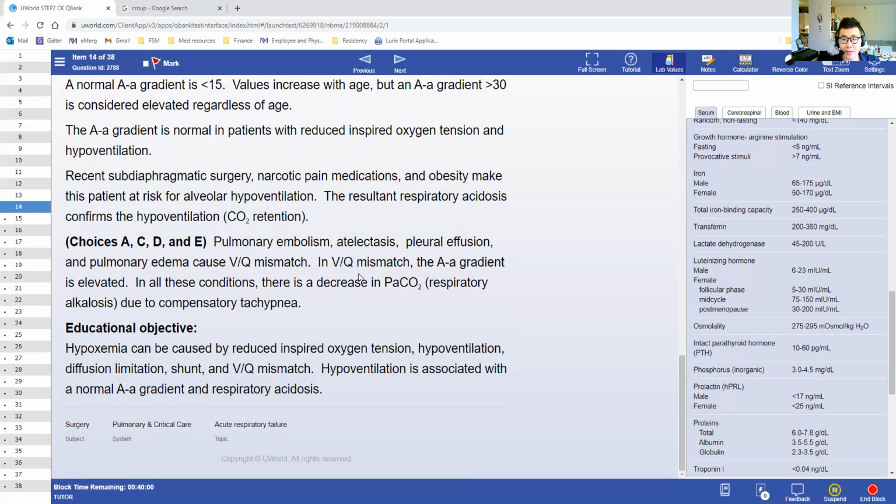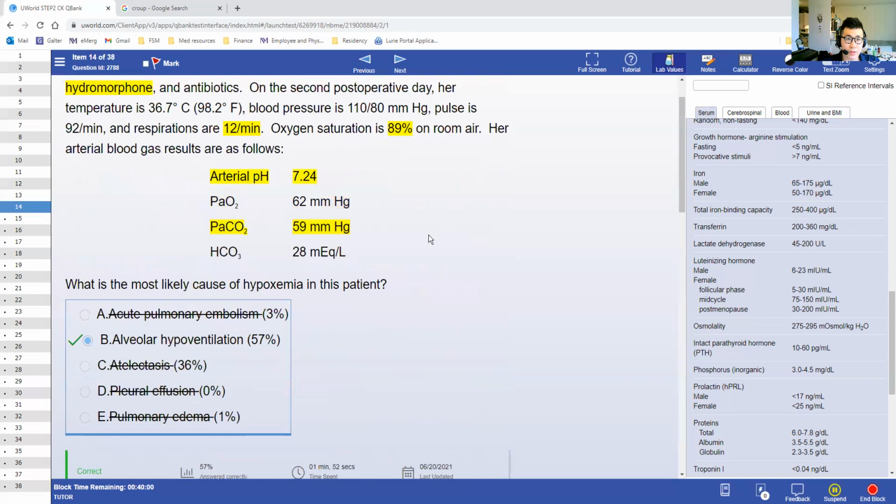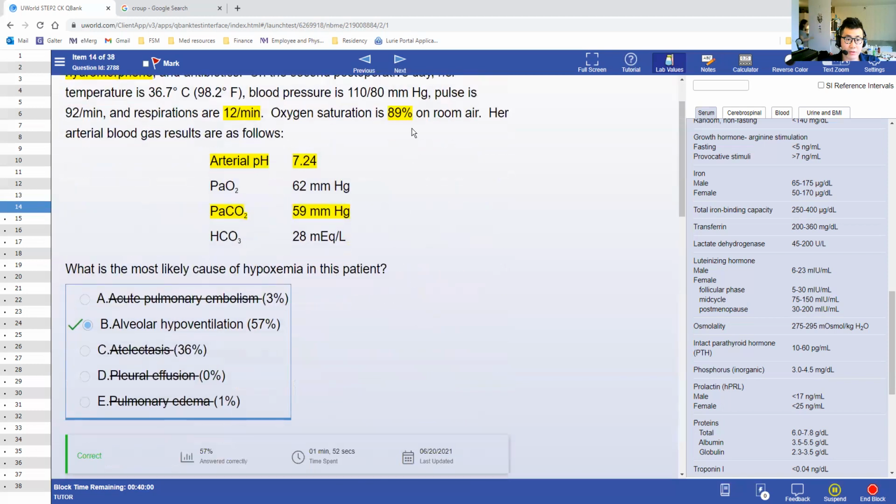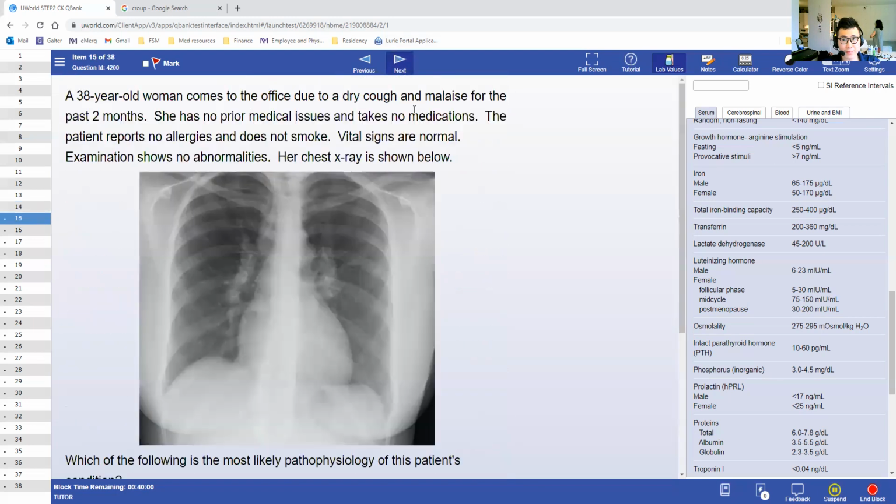What this means is that even when you have post-surgical atelectasis, there's enough of your lung functioning that you are still able to ventilate yourself and get rid of carbon dioxide. Not sure why I got this question wrong the first time I did it. Maybe I was tricked by the atelectasis answer, but she's afebrile and it's not really likely.